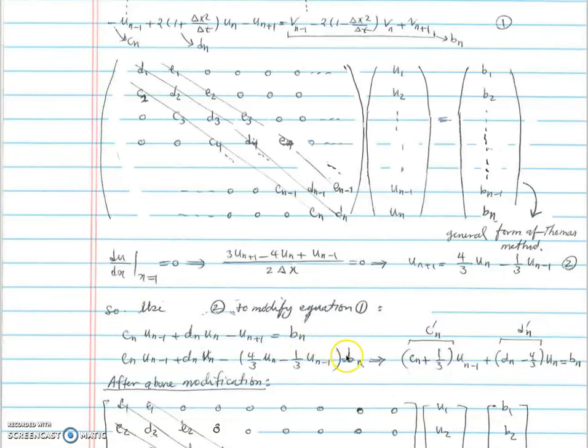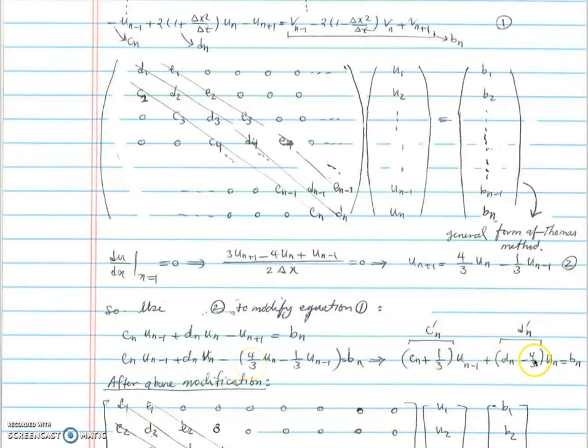The right side hasn't changed. Now I have un here and un there. Also, un minus 1 here, un minus 1 there. So let's group these two and group these two. All I get is Cn plus 1/3, the contribution from this term, times un minus 1, plus Dn from here, negative 4/3 from there.